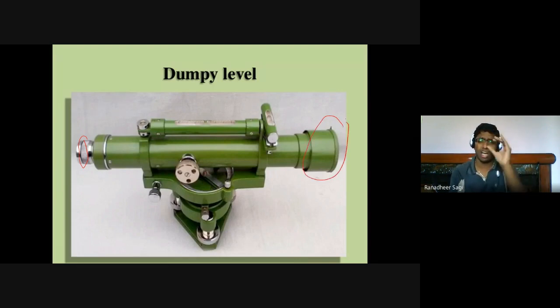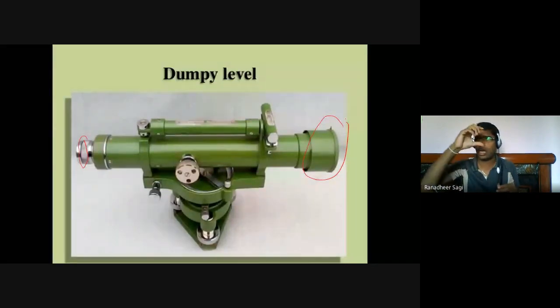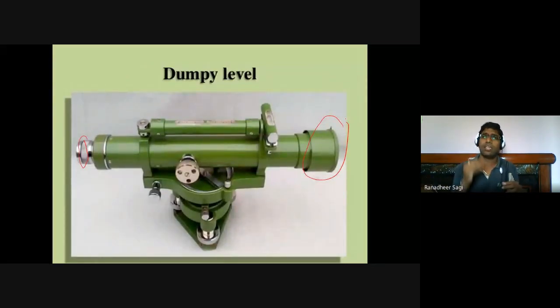You can adjust the knob so that you are able to get a proper vision onto your leveling staff, because if you are required to take a reading on the leveling staff, you should have a proper vision through that particular objective glass, so that only then are you going to have a proper understanding of what reading you are going to be having on the leveling staff.